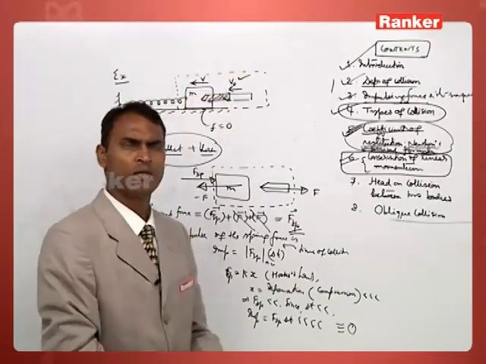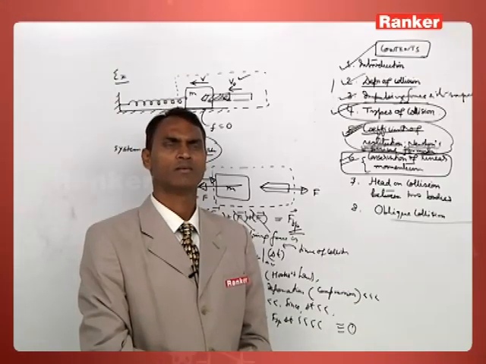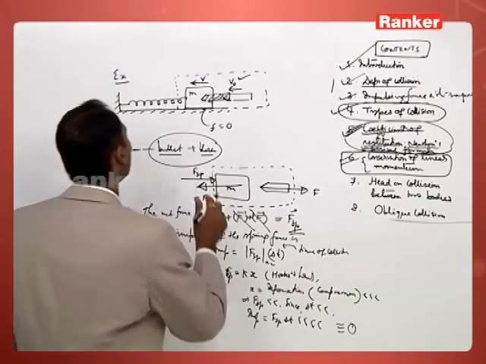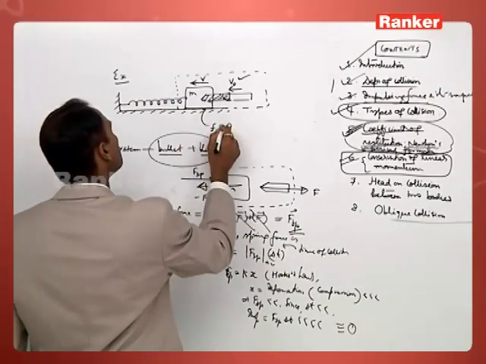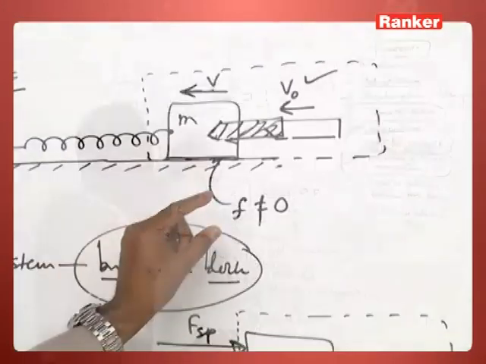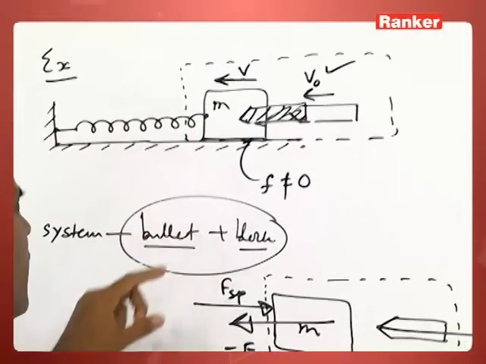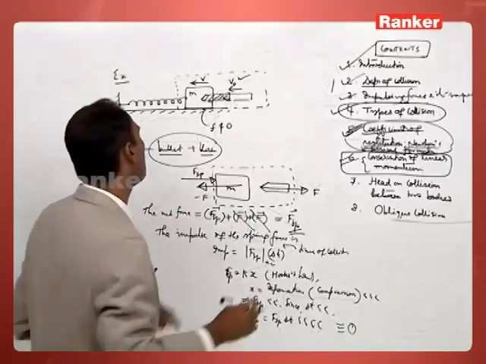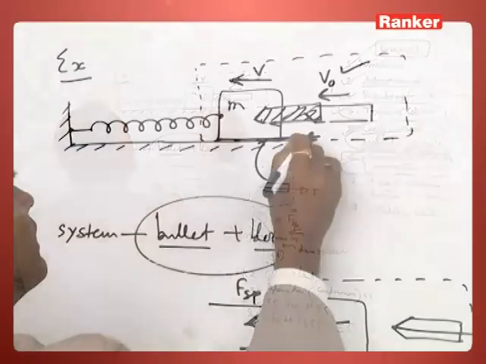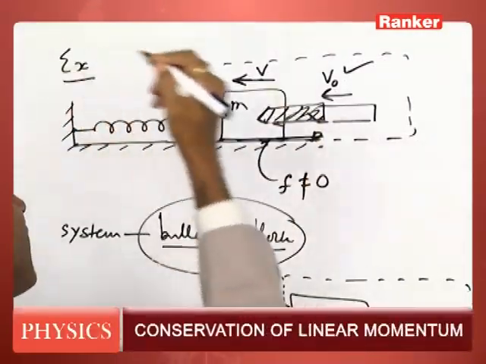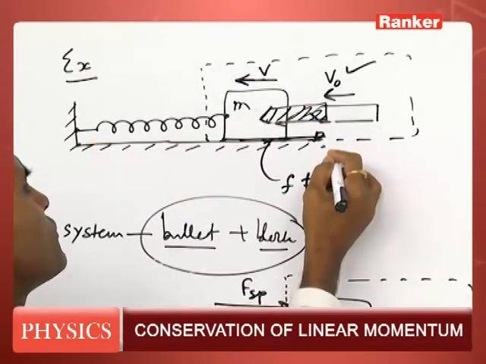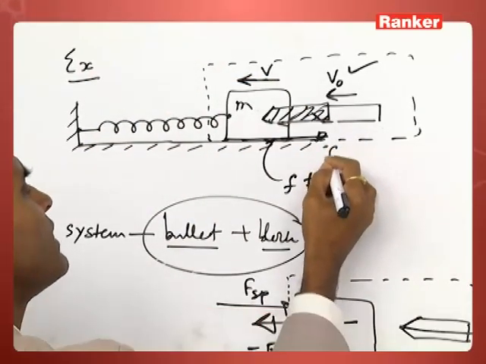That's a very interesting thing. You can also take a little bit of friction. Even though a little friction is there, when the system tends to move towards left, the frictional force will act towards right.